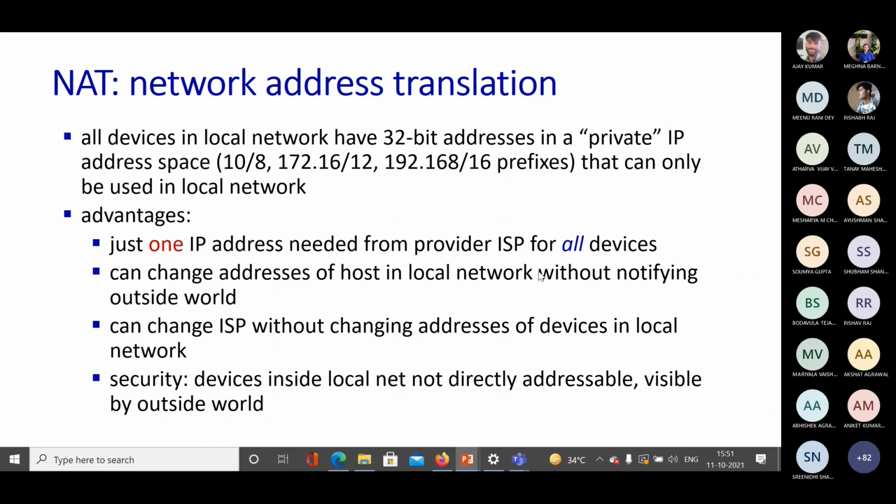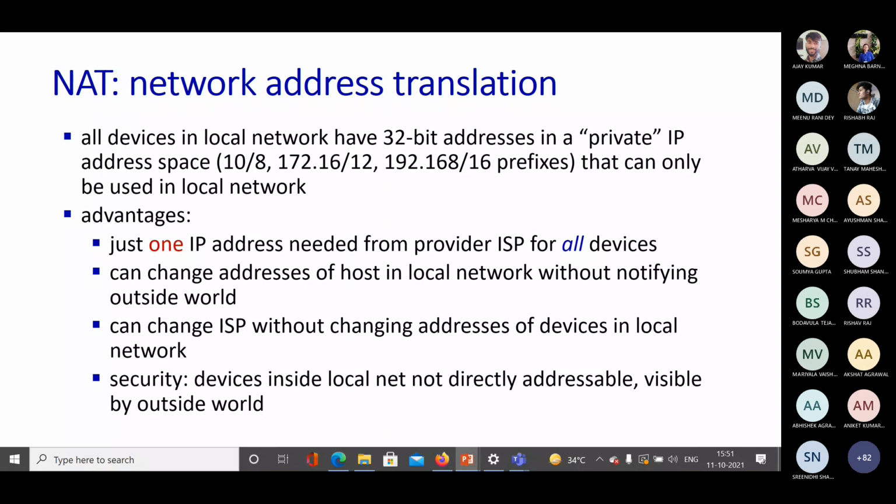You can have just one IP address for the entire set of devices connected to the particular router, and it can change the addresses of hosts in the local network without notifying the outside world. So whatever happens inside your home is not known to the outside world. That was the example that I was giving you, right?